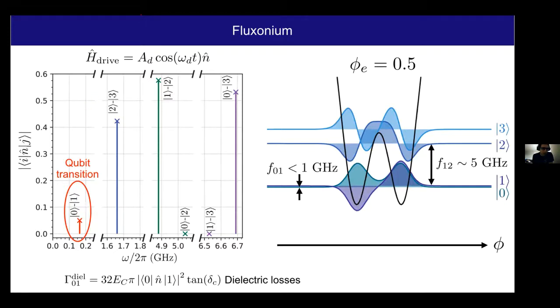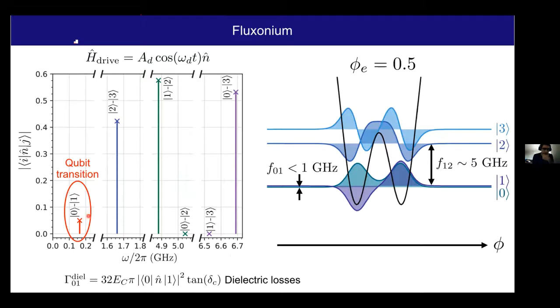The first one is that if you want to drive at this frequency, the driving Hamiltonian is proportional to the charge operator, which means that the Rabi frequency, or the speed of any quantum logic that you want to implement at this frequency, is going to be proportional to the drive amplitude and to the value of this matrix element. At the same time, our circuits are limited by dielectric losses due to material imperfections, which means that the energy relaxation rate from state 1 to 0 is also controlled by the same matrix element, but squared.